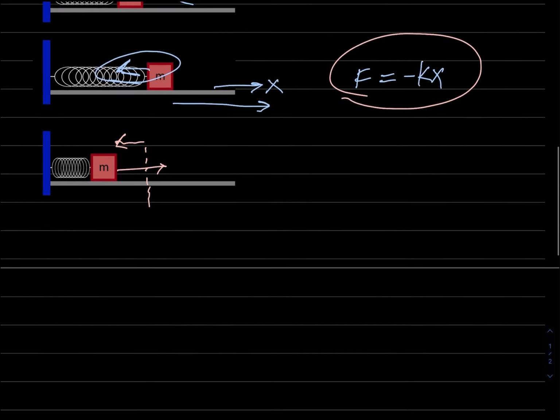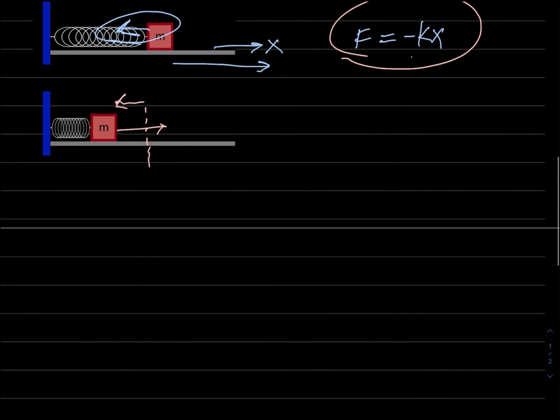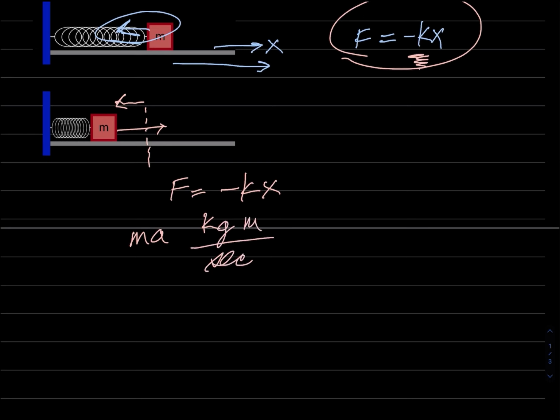Next, let's investigate the units of this spring constant k. We say F equals negative k times x. Now F equals ma, mass times acceleration, which is how I always remember the units. Mass times acceleration is kilograms times meters per second squared.